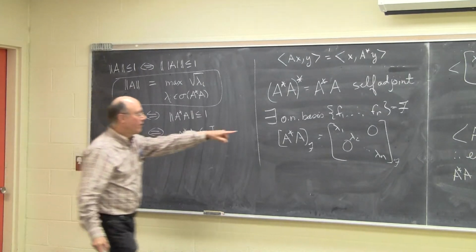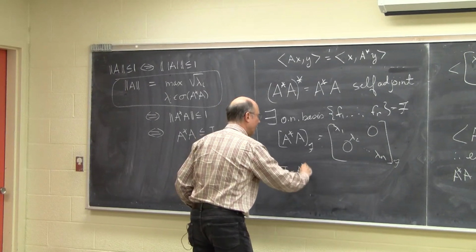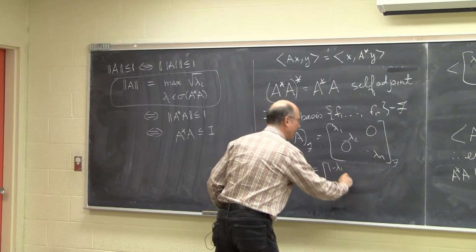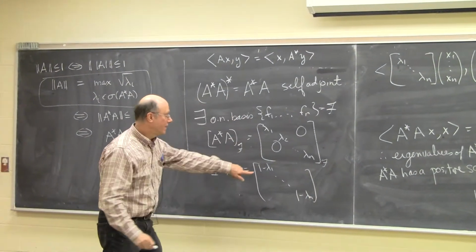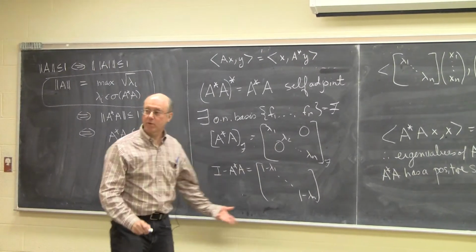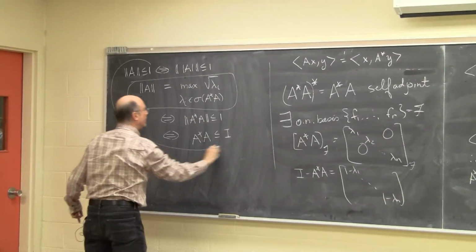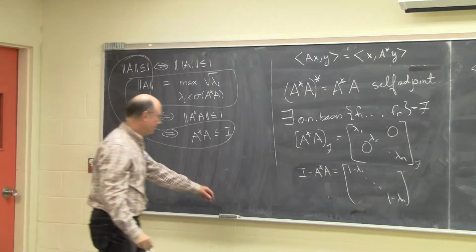Because when A star A looks like this, when you compute the identity minus A star A, that's 1 minus lambda 1 down to 1 minus lambda n. And that'll be positive if and only if all of the lambda i's are less than or equal to 1. Okay. So I get this inequality, and that's going to be useful.